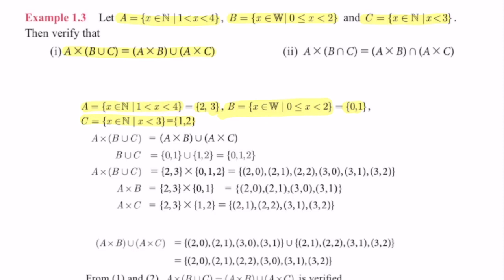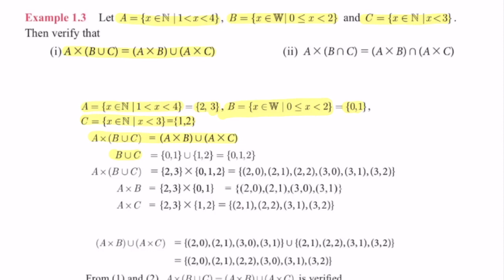So now let us go and find A cross (B union C) equal to (A cross B) union (A cross C). Let us see the left hand side of the equation, that is A cross (B union C). We see B union C is inside the bracket, so we will find B union C first. B is the set with elements 0 and 1 and C is the set with elements 1 and 2.